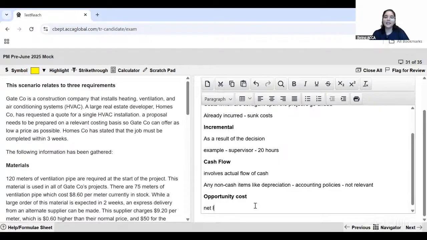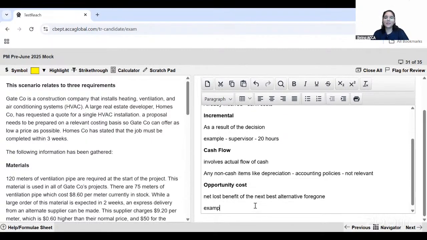And the last we talk about what is the opportunity cost. So it is the net lost benefit because of the next best alternative foregone, of the next best alternative that you forego. Another way you can support this with the help of an example, that for example, to take up a new project, you might have to use your workers to stop the earlier project which they were working on and now start work on your new project.